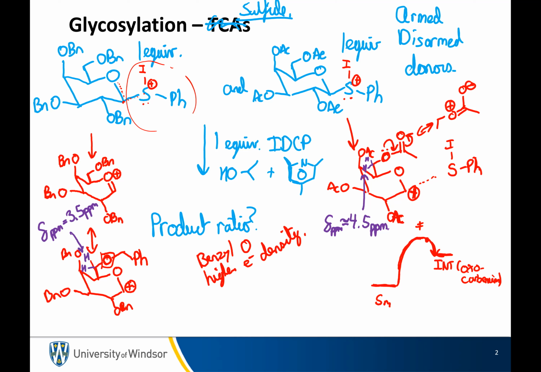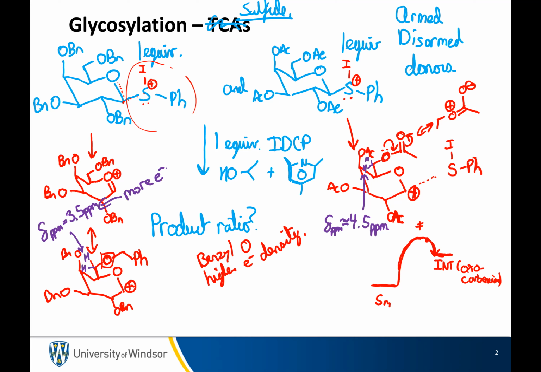Chemical shift means the lower the chemical shift is, the more shielded the protons are. So what does shielded mean? More electrons around it. Yeah. More e minus. Literally that is what a lower chemical shift means.